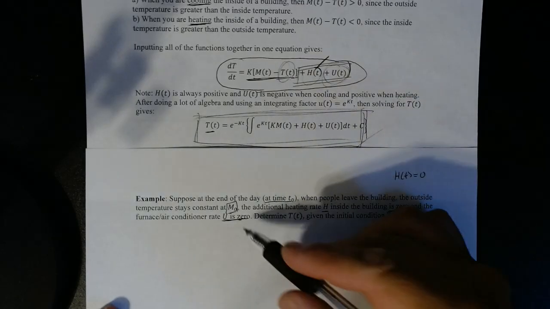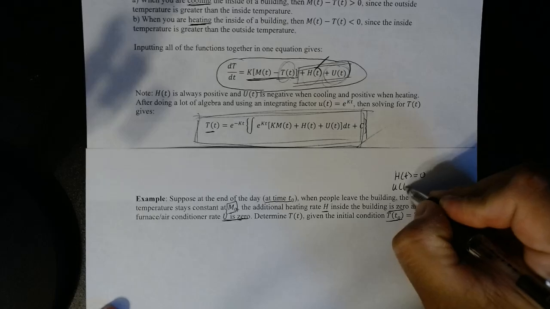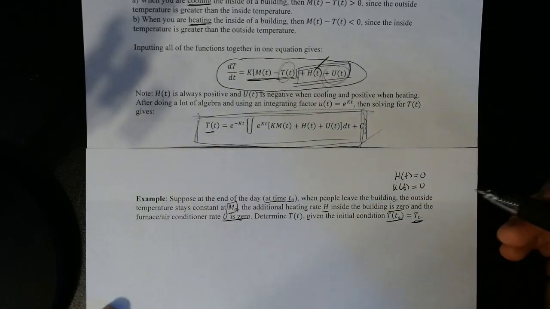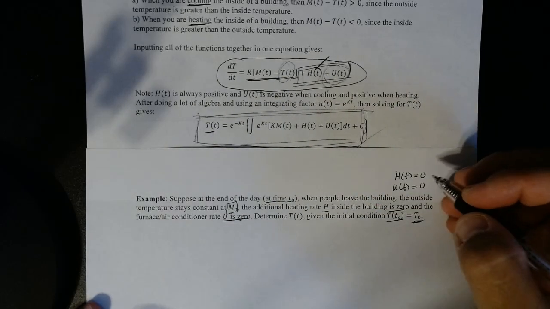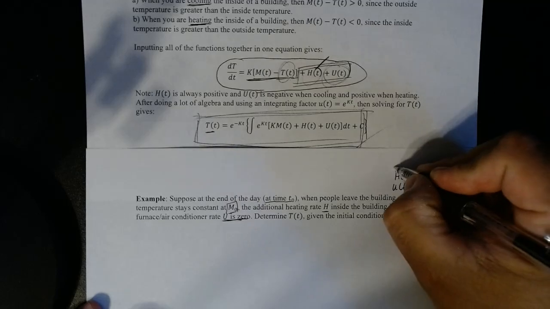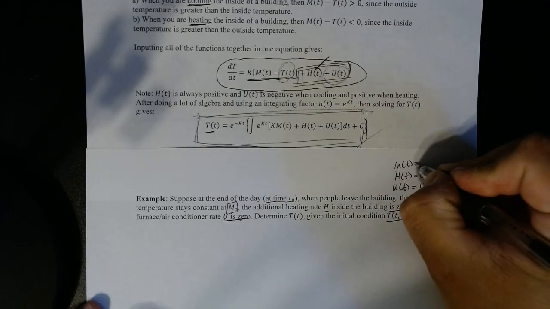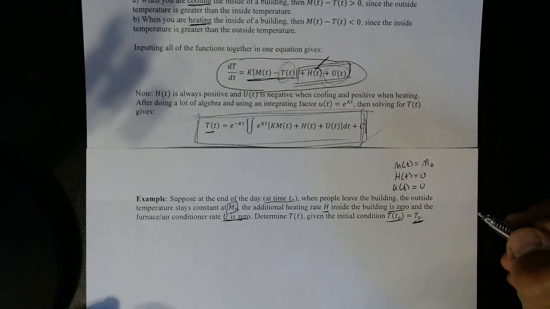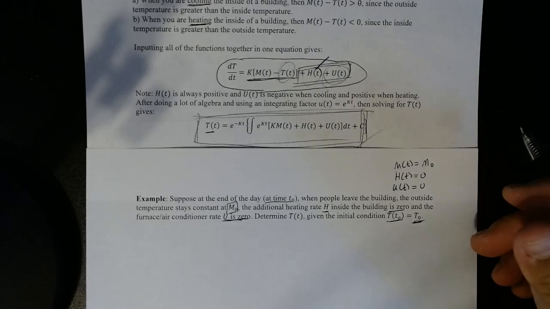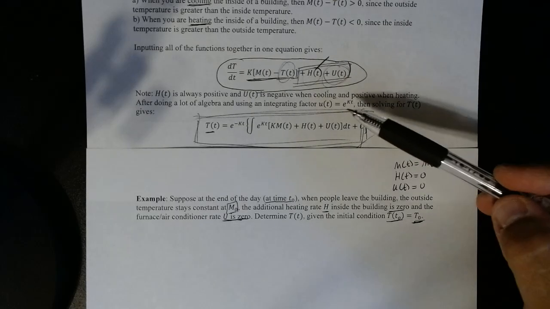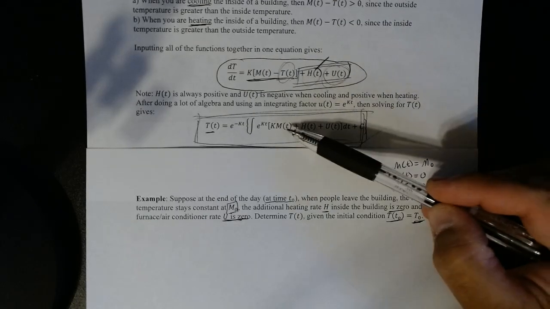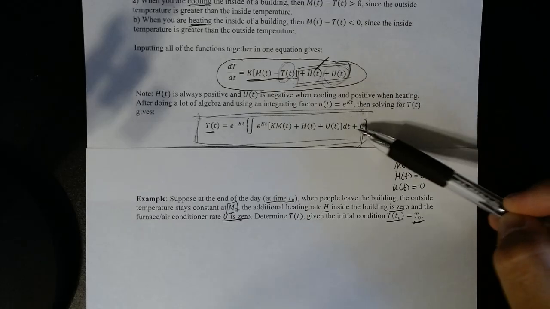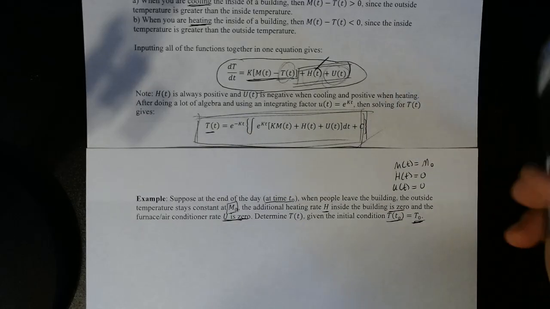We're also told that u of t is also 0. And we're given that m of t is a constant m naught, like a constant number, like 5. So we're given all of this already, and now we're just going to plug everything in respectively.